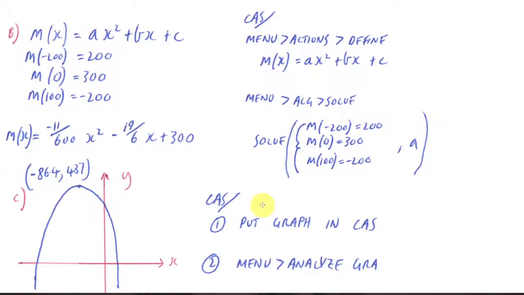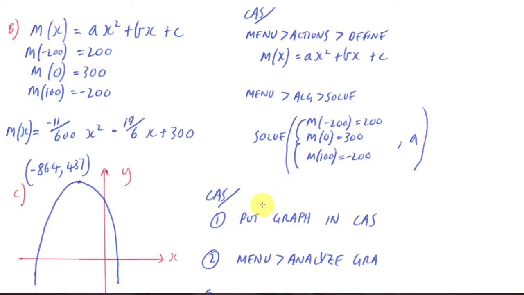Here I have an explanation of everything that I just did and demonstrated. So for B, what you would need to show as far as answering this is concerned is on the left hand side here. So m of x, you state that. You've got your three equations, and then you've got your answers for a, b, and c, and you write it down m of x. That's all you need to show.